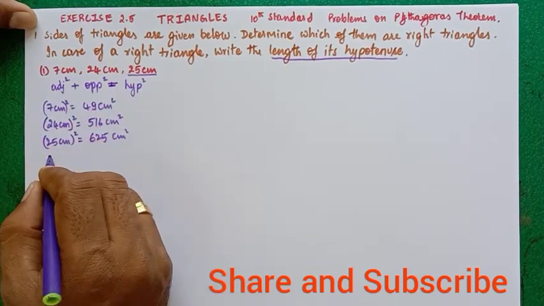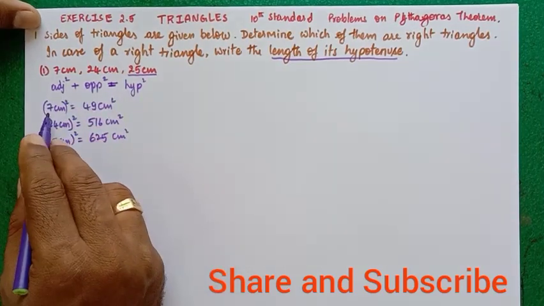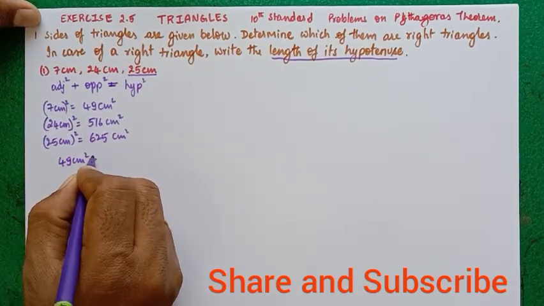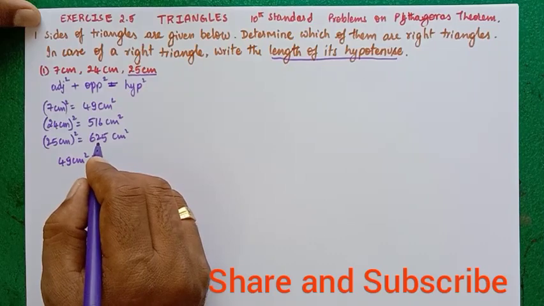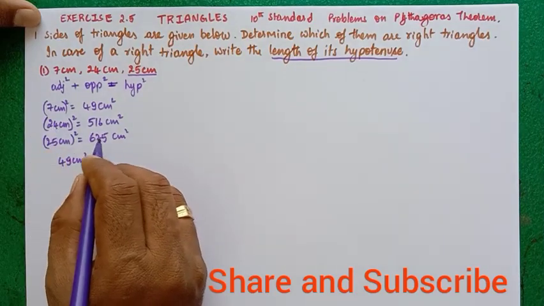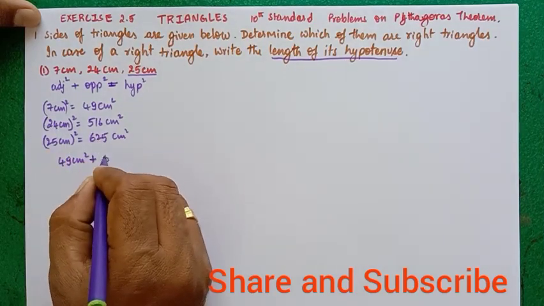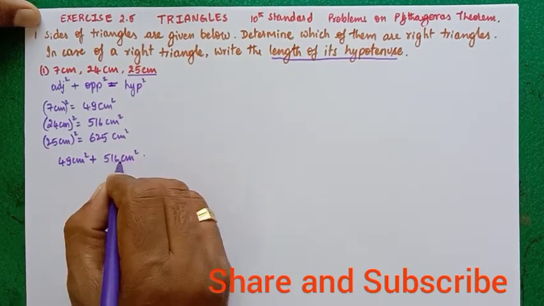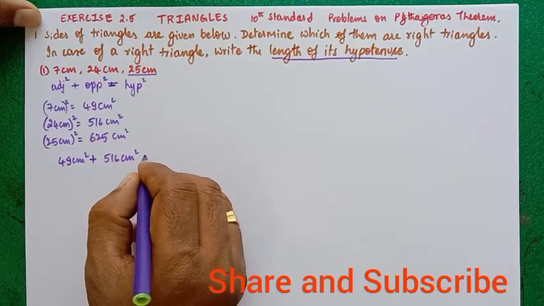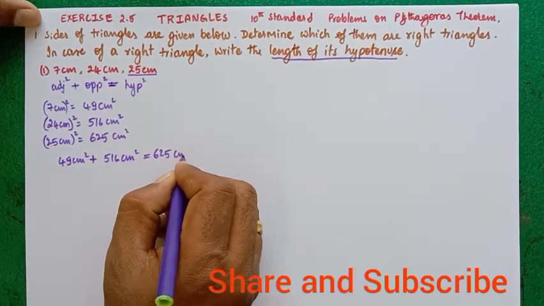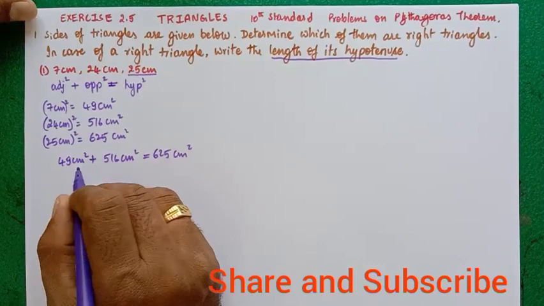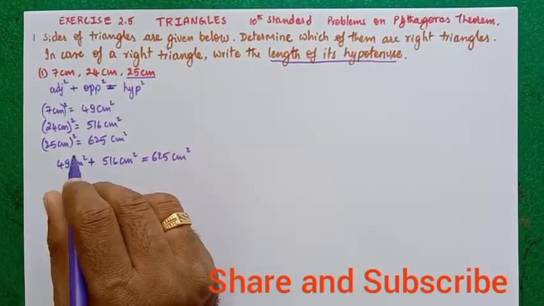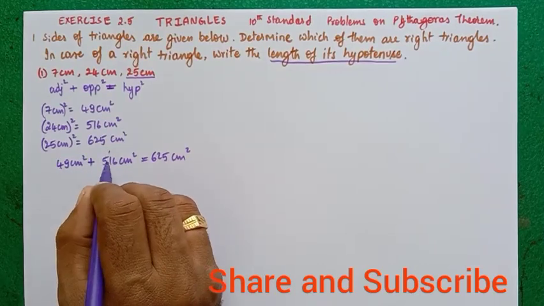So by this formula, adjacent square, let it be 7 centimeter, so 49 centimeter square plus opposite, let it be 24 centimeter square, that means 576 centimeter square. If we add these two, we should get 625 centimeter square. That's right. 6 plus 9 is 15, 5, 1 carry.